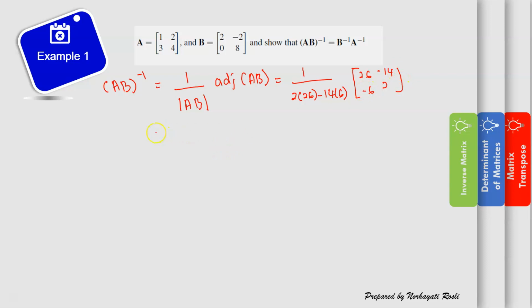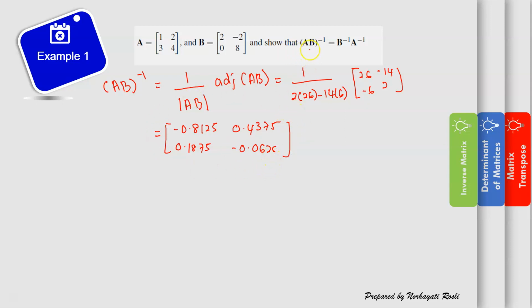When we solve this one, we get the answer negative 0.8125, 0.4375, 0.1875, and the last element is negative 0.0625.